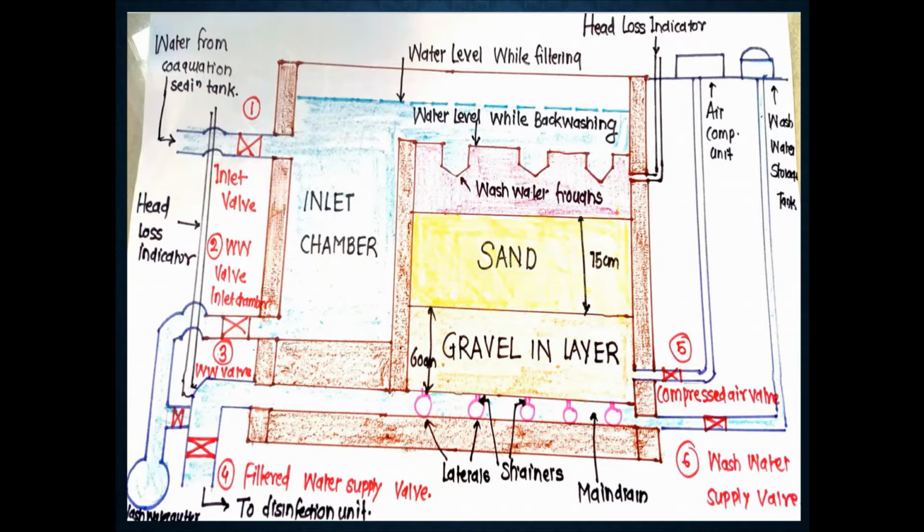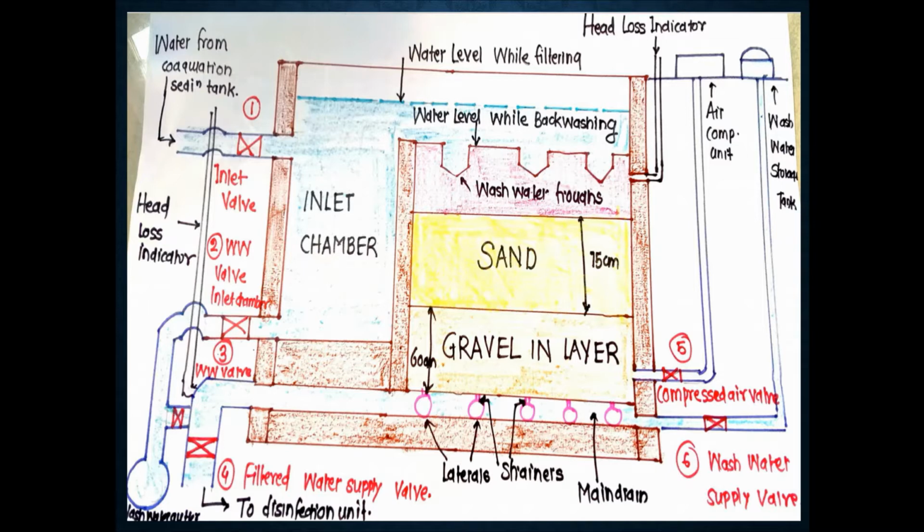In it, I explained all the things related to the construction and working of the rapid sand filter, along with the efficiency, uses and applications. You are familiar with the overall construction, efficiency, and uses or applications of the rapid sand filter, if you have referred to the previous lecture.